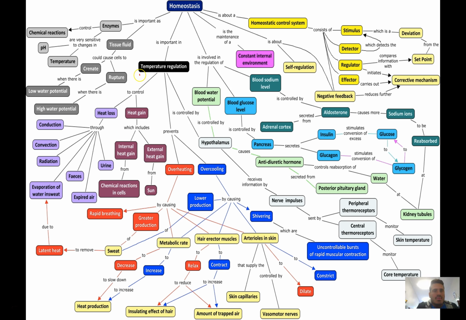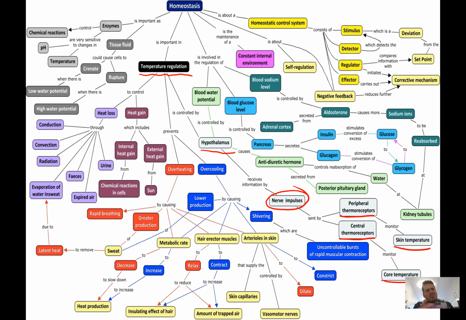So, for example, temperature regulation, which is what we were just talking about, is controlled by the hypothalamus in the brain, which is going to receive information from nerve impulses sent by either peripheral thermoreceptors in our skin, which monitor the temperature in the skin, or central thermoreceptors, which monitor temperatures inside of our core. So that's how homeostasis controls temperature.